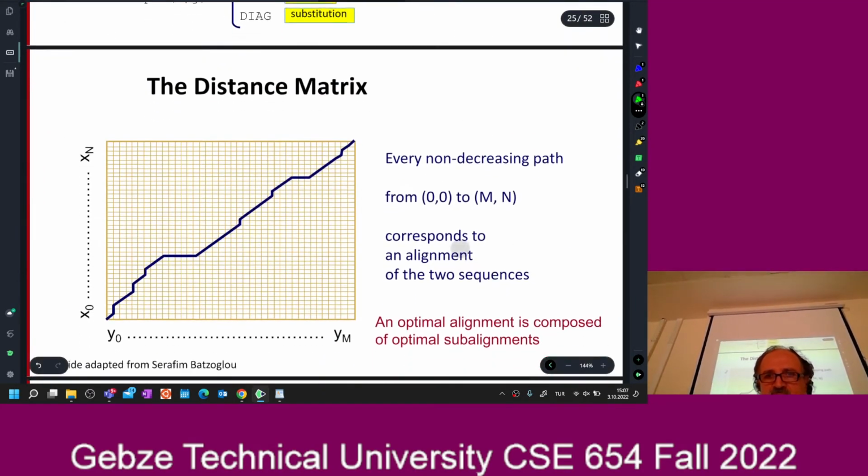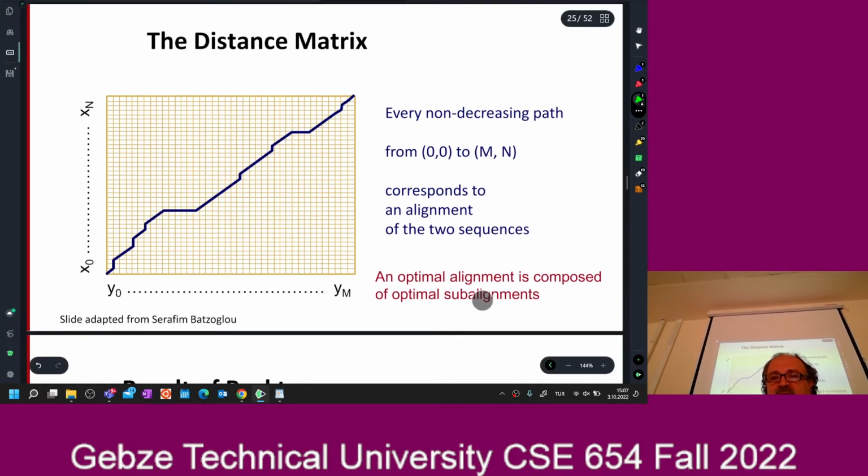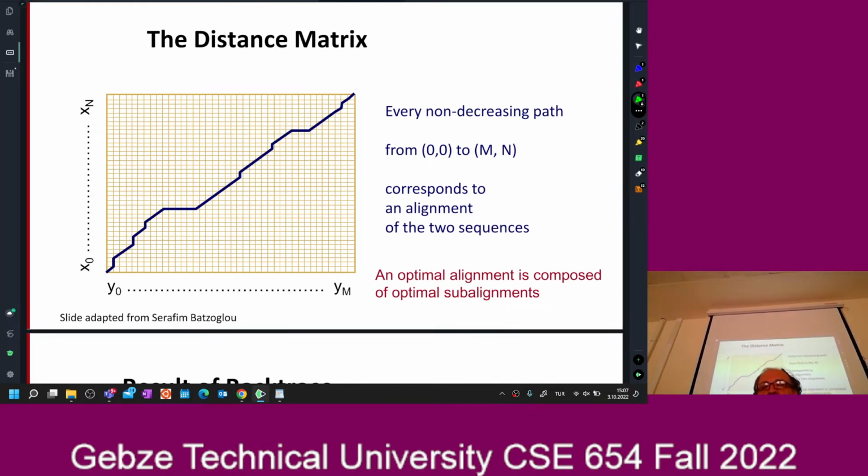Every non-decreasing path from 0,0 to m,n is a valid solution. It starts from here, then it ends there. And dynamic programming says this: an optimal alignment is composed of optimal sub-alignments.